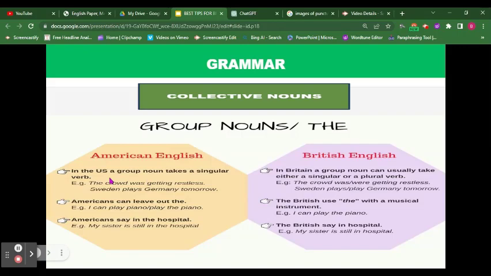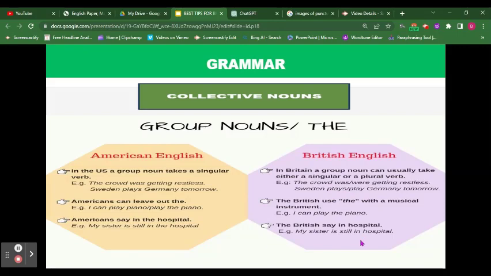In the US, a group noun takes a singular verb most of the time. For example, the crowd was getting restless, or Sweden plays Germany tomorrow. In British English, you can say the crowd was or were getting restless. Or you can say Sweden plays or play Germany tomorrow.